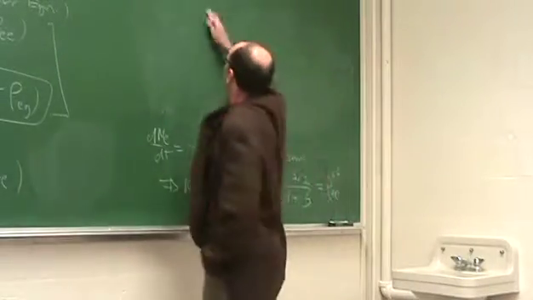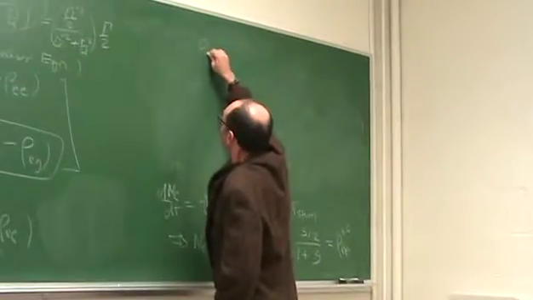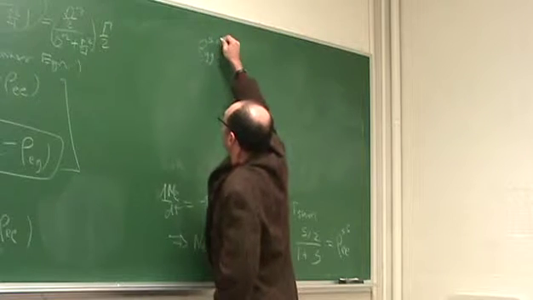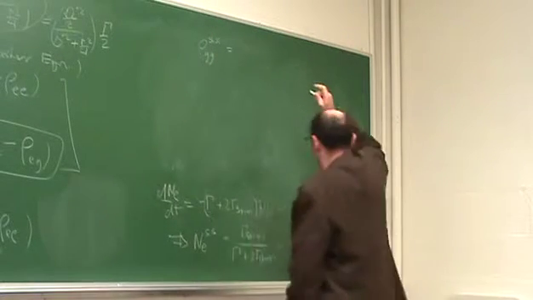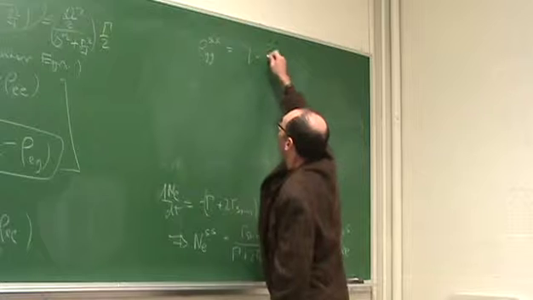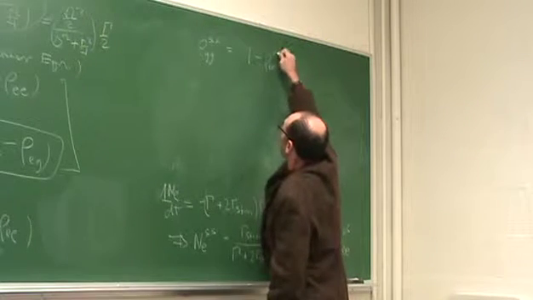Rho GG in steady state is equal to 1 minus rho EE.